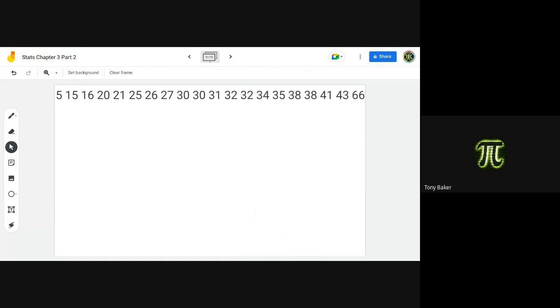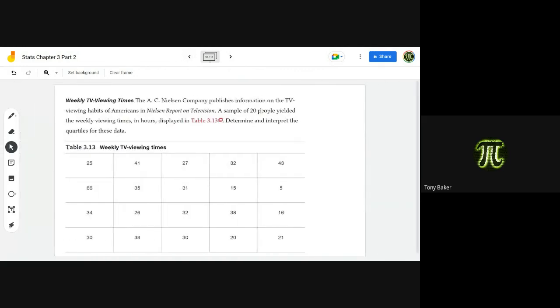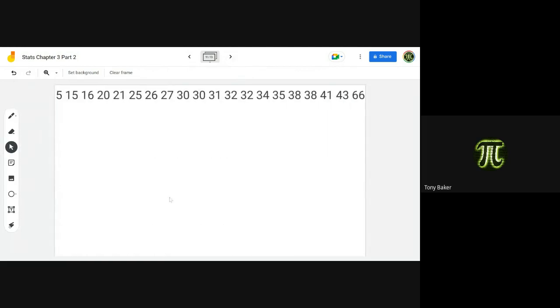How many numbers do we have? 20. It actually said it in the problem. There's 20 numbers. So how do I find the middle one? No, that's the median. We want the median, so we're going to count. With 20 numbers, the middle should be right around 10.